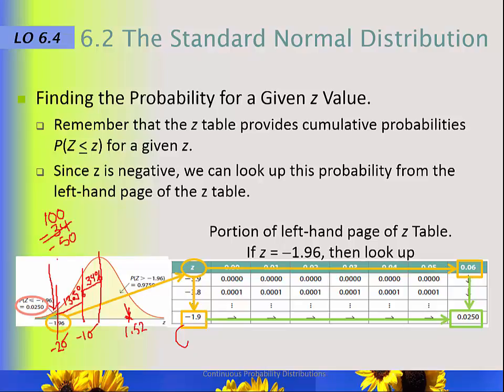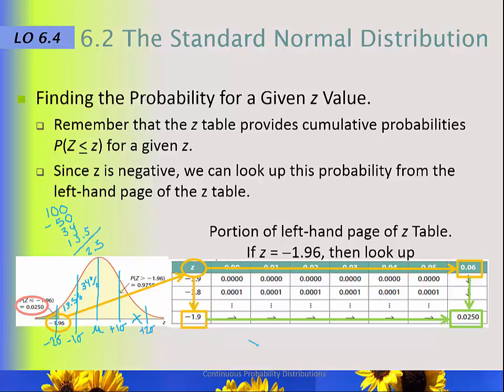Then we've got to subtract off our 34%. Then we've got to subtract off our 13.5%. And we know that equals about 2.5.